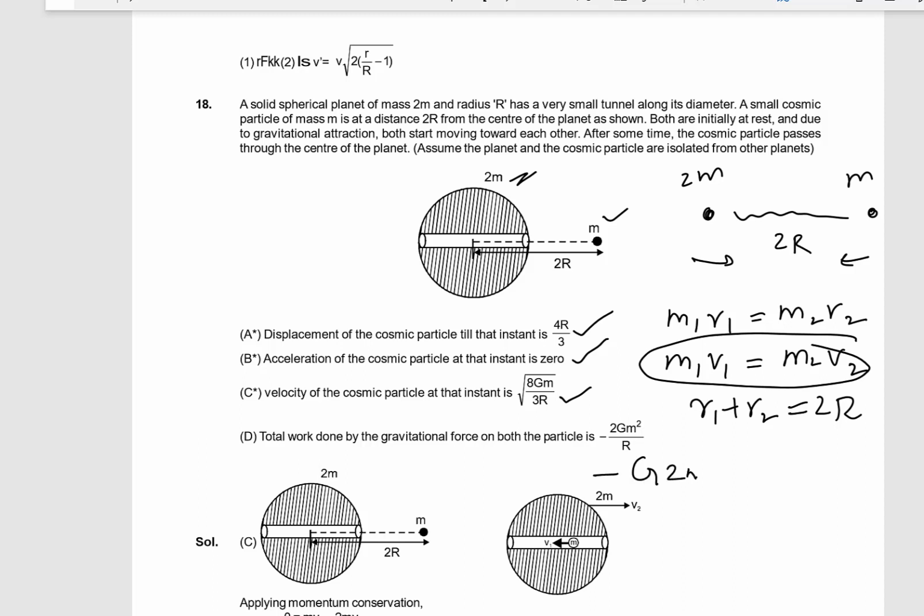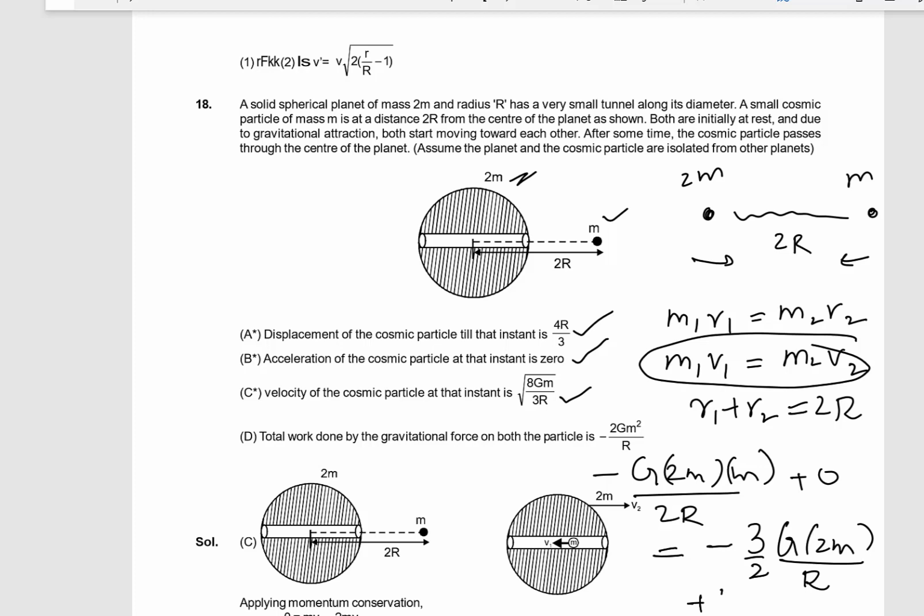Minus G 2m into m upon 2r plus kinetic 0 equals, when it reaches the center, the potential at the center is minus 3 by 2 G 2m upon its radius r, plus half m1 v1 square plus half m2 v2 square, right? From this we will solve whatever velocity is necessary.